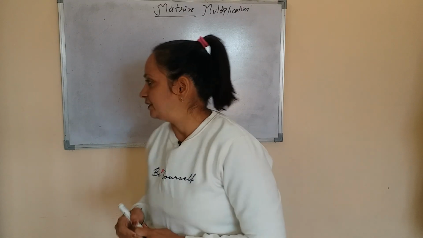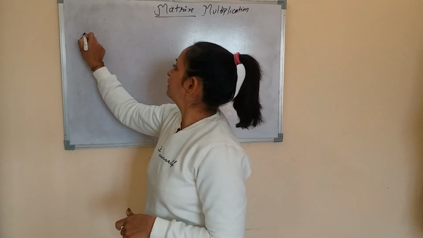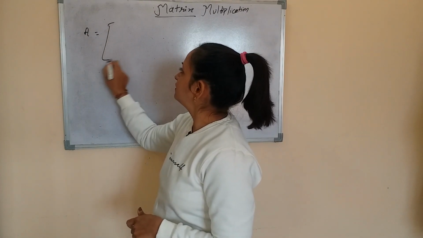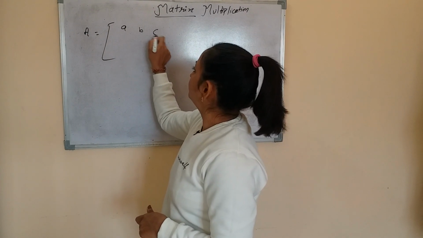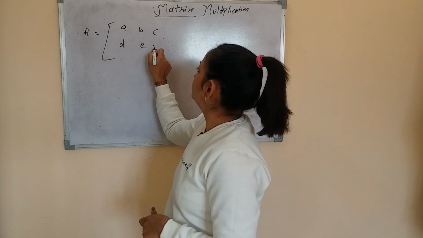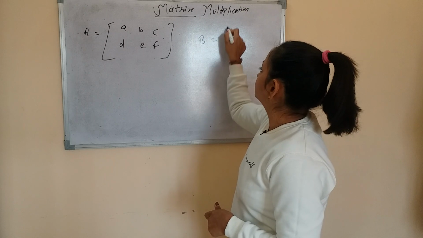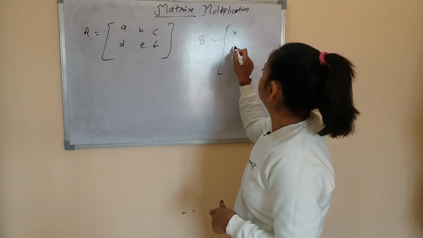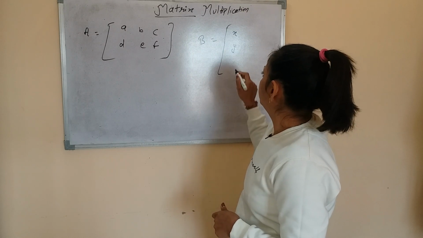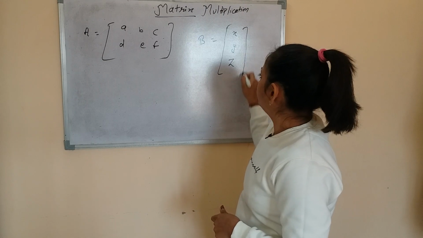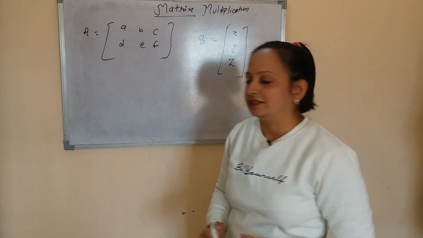Let me revise the condition for you and take an example to understand this better. Just like A, B, C, D, E, F. This is my first matrix, and I am having X, Y and maybe Z as the second matrix. Now let me tell you what the condition says.